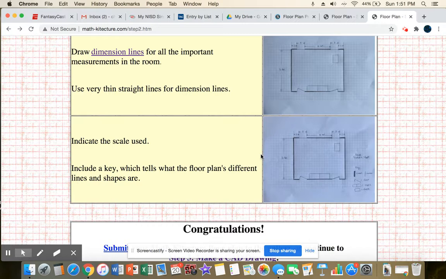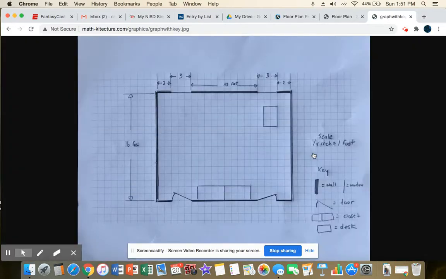And last but not least, you're going to indicate the scale used. Okay. Include a key which tells what the floor plan's different lines and shapes are. So this is the scale that's used. Every quarter of an inch equals 1 foot. Or you could put every box in your graph paper equals 1 foot. And then they added a key, okay? So thick lines equals a wall.